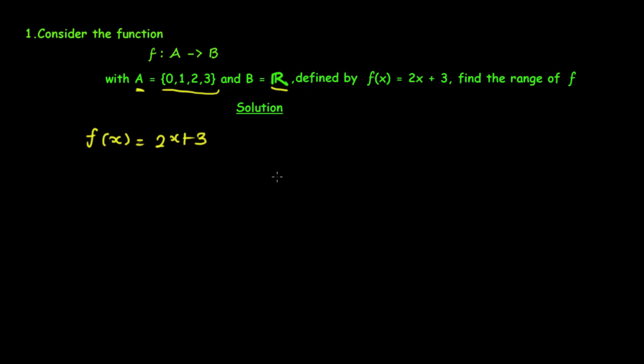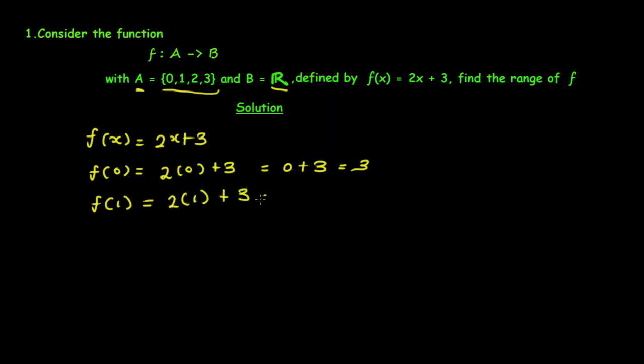At x equals 0, f of 0 is equal to 2 times 0 plus 3, which is 0 plus 3, because 2 times 0 is 0. So 0 plus 3 is 3, and f of 1 is 2 times 1 plus 3, which is 2 plus 3, and this is easily 5.